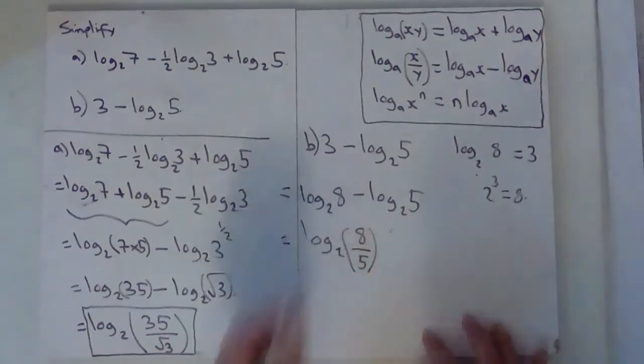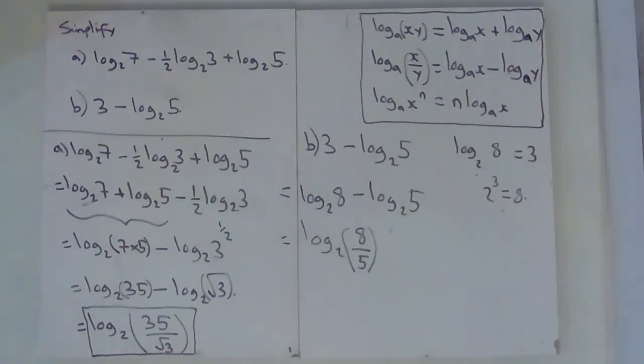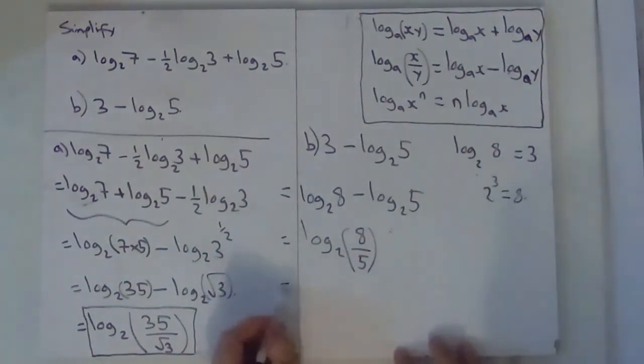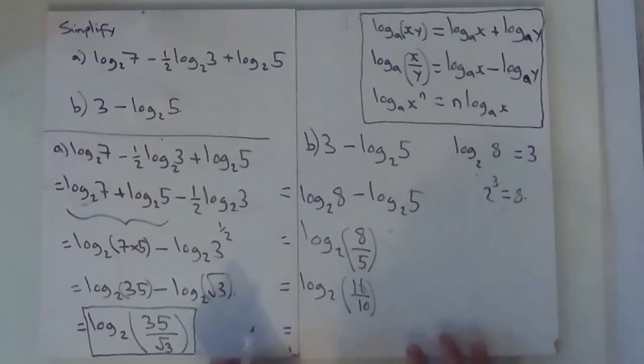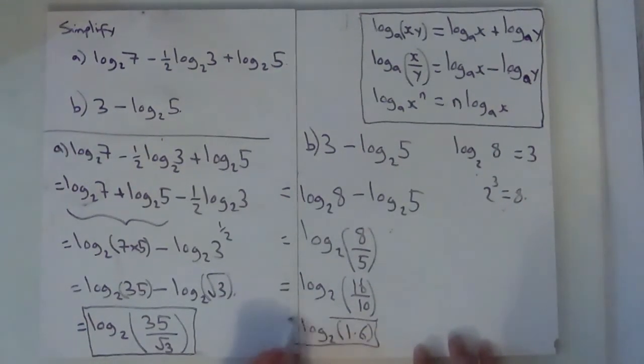So you could potentially leave it as 8 over 5, but seeing as it's quite nice numbers, you could say, well, that's log base 2 of 16 over 10, which is 1.6. And it just depends how you want to present numbers, really. I think 8 over 5 is okay, but if you like decimals, I will allow it this once. Log base 2 of 1.6.